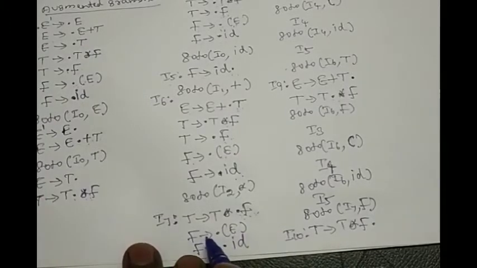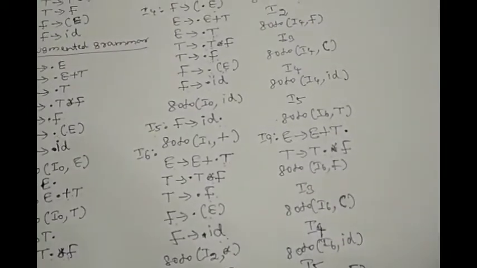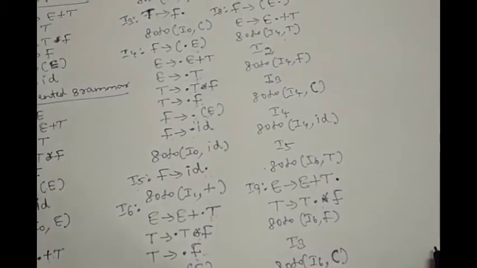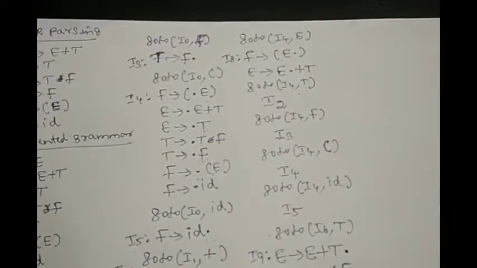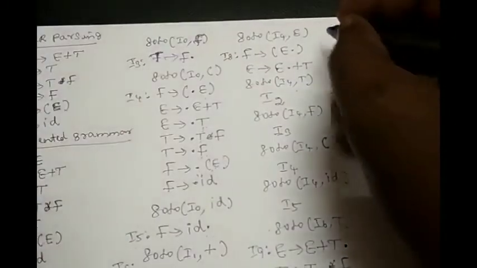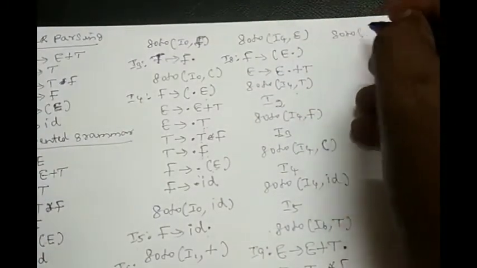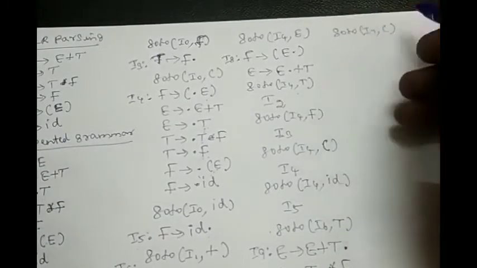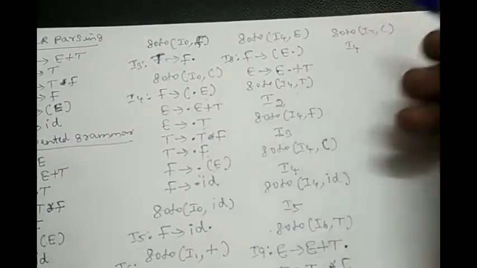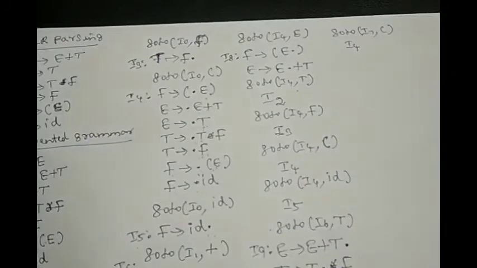Now in item set 7 open bracket is there, so when I do it, I will get the same item set as I4, isn't it? So goto of item set 7 comma open bracket gives I4, the same items that I will be getting repeatedly.